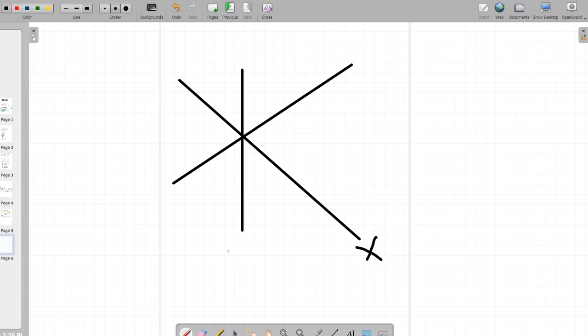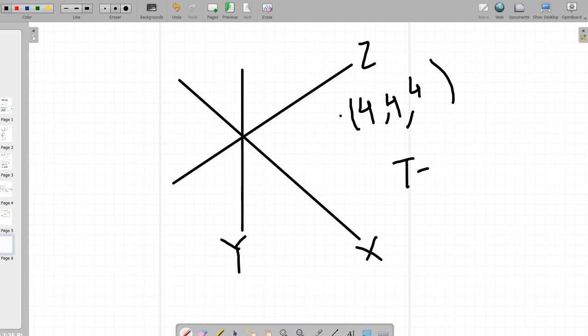X, Y, and Z. You have a point 4, 4, and 4. You have to apply a translation by an amount of -1, -1, and -1.